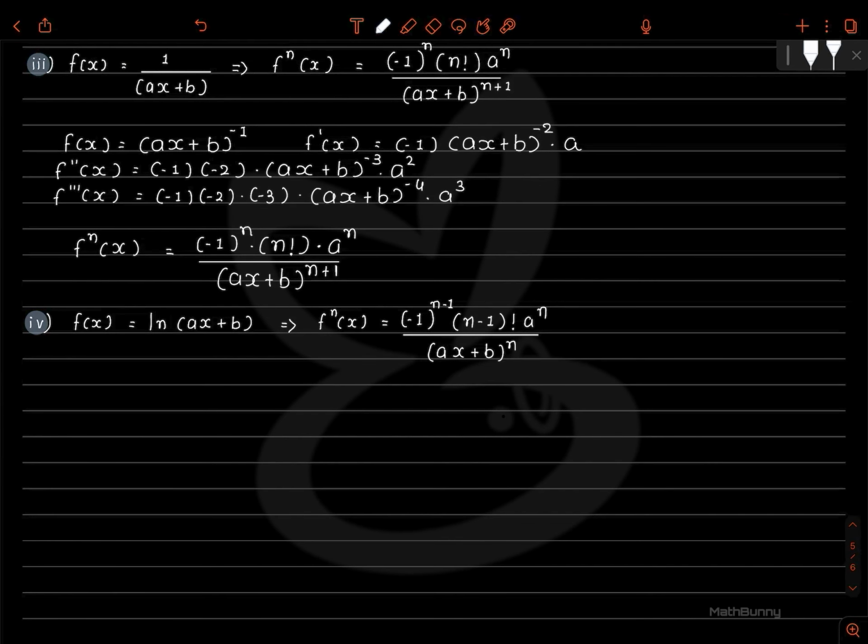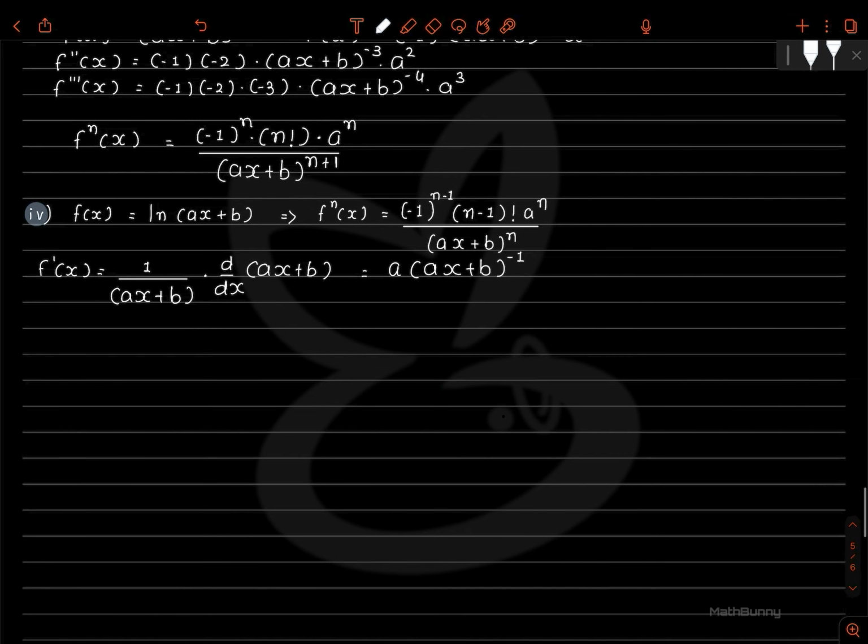The next function is f of x is equal to ln(ax plus b). Let us differentiate this. f dash of x would be equal to 1 upon (ax plus b) into d by dx of (ax plus b). The chain rule will apply. The answer would be a into (ax plus b) raised to minus 1.